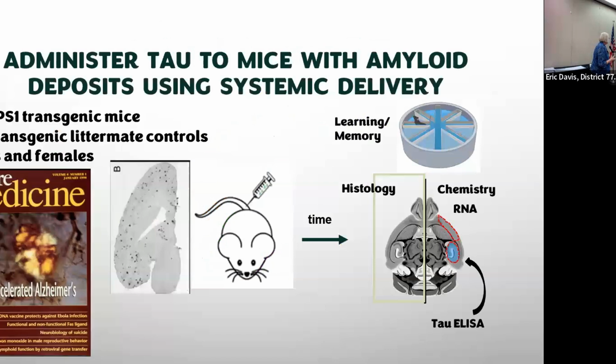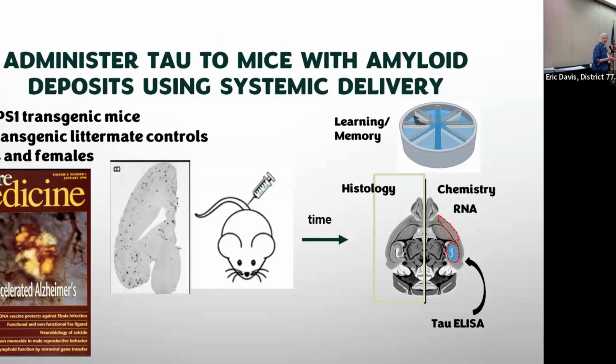And so we set out to develop a model where we could mimic this time course of amyloid and tau pathology. And so many, many long years ago, we developed these kind of mice that have mutations in the amyloid precursor protein and the presenilin gene that cause Alzheimer's disease in people, right?